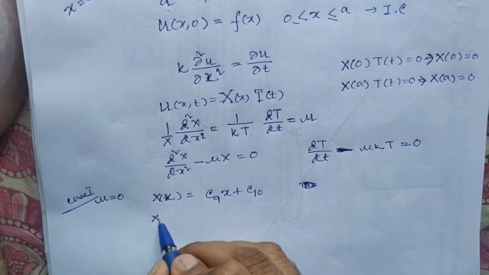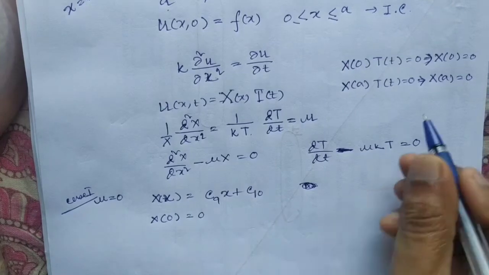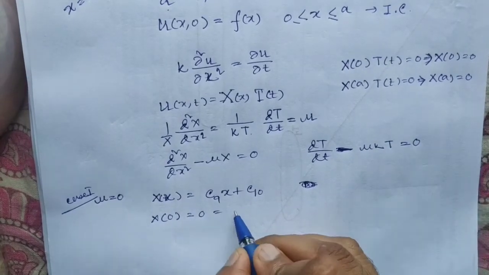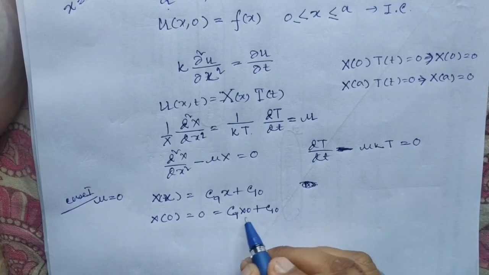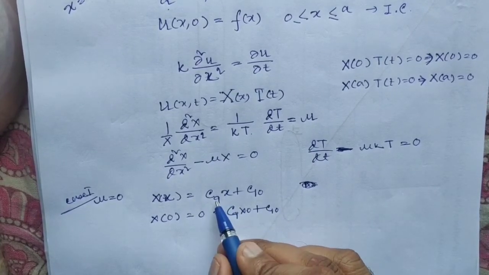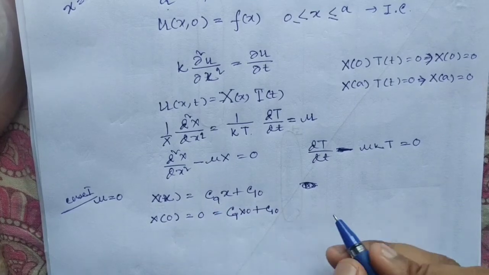See, X(0) is equal to 0, and this is C9 multiplied with 0 plus C10. So C10 is equal to 0, right? So you are left with C9 x only.